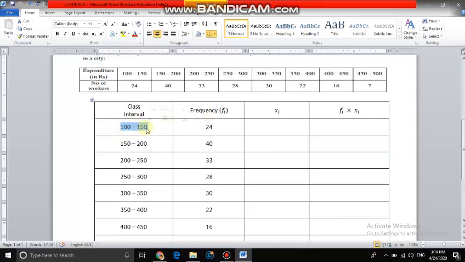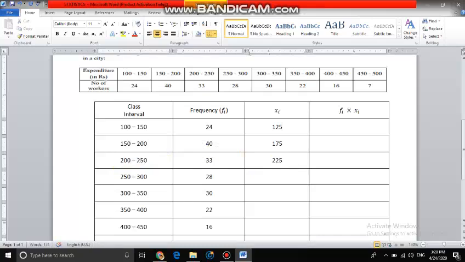Here 100 plus 150 is 250. 250 by 2 is 125. Then 150 plus 200 is 350, 350 by 2 is 175. Next 200 plus 250 is 450, 450 by 2 is 225.